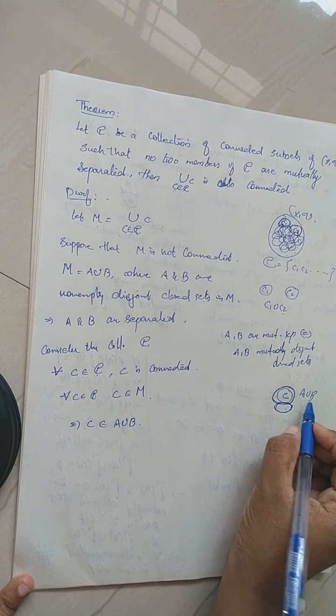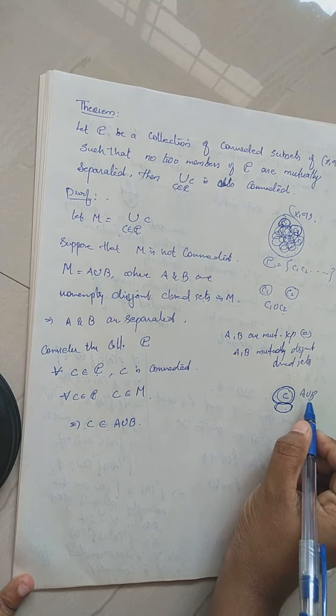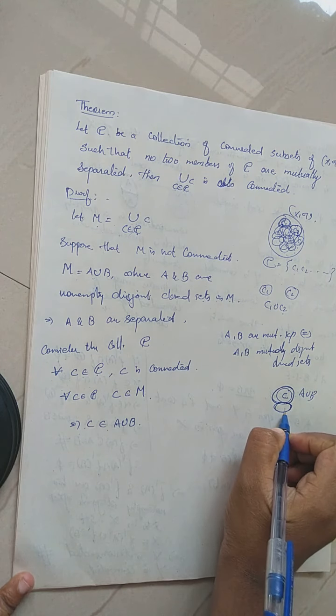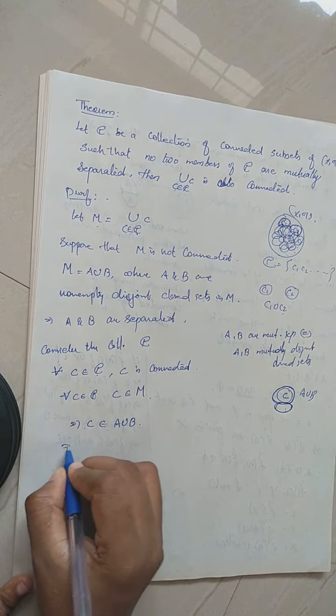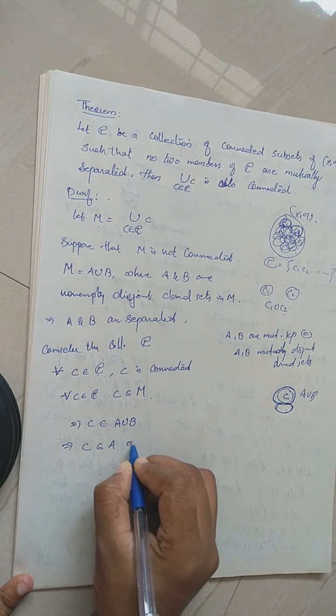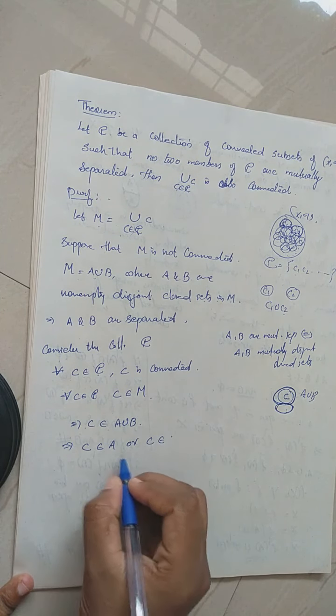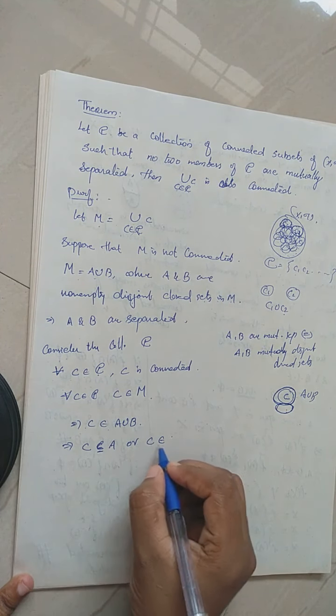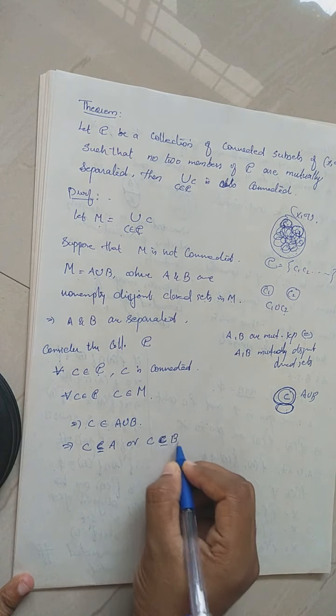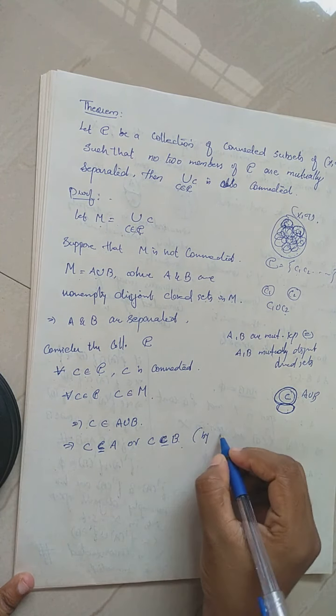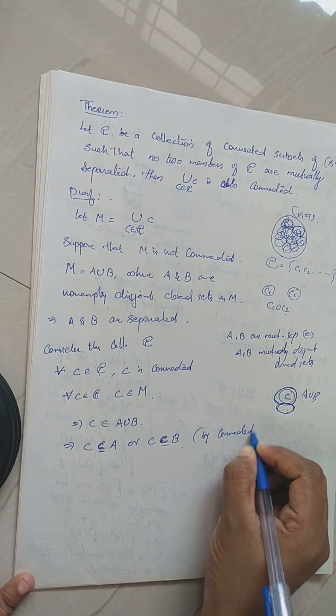So by the previous theorem, C will be contained in either A or B, by connectedness of C.